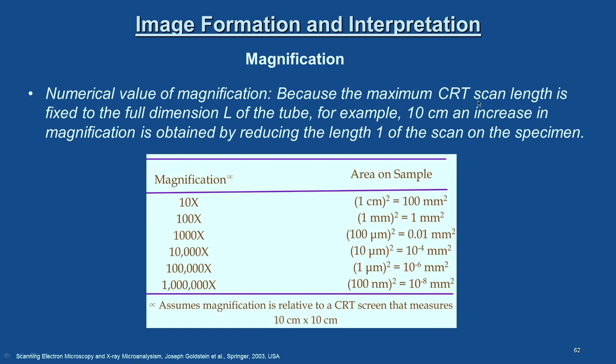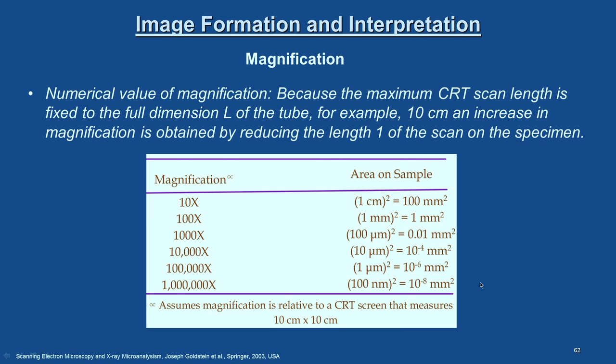Because the maximum CRT scan length is fixed to the full dimension L of the tube, for example 10 centimeter, an increase in the magnification is obtained by reducing the length l of the scan on the specimen. Since the CRT screen length or dimension is fixed, any adjustment you do in terms of increasing or reducing the specimen area will reflect on the magnification of the image.